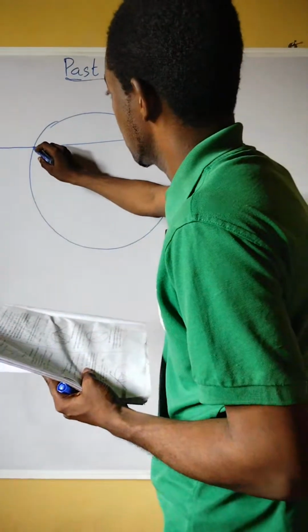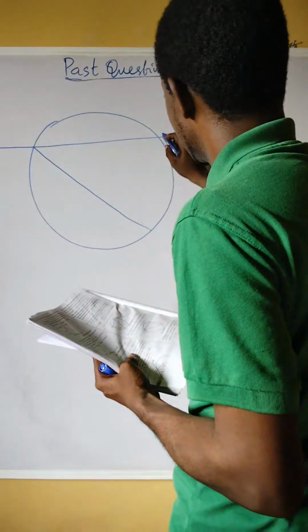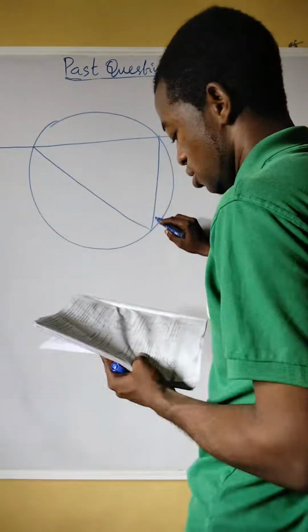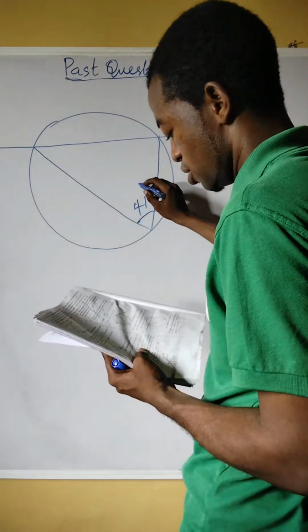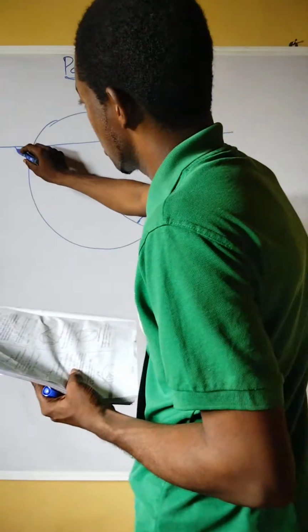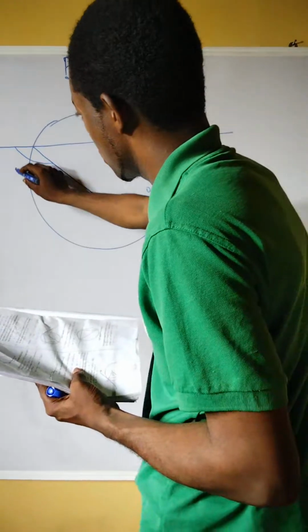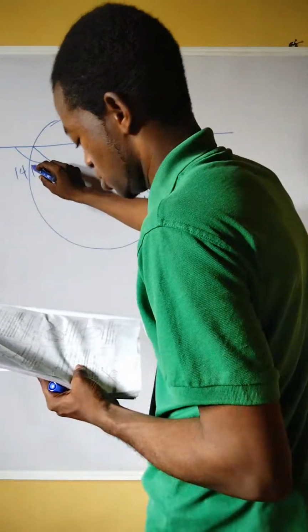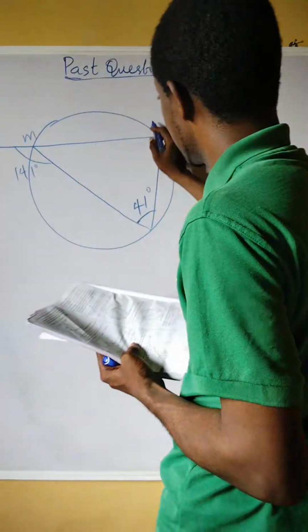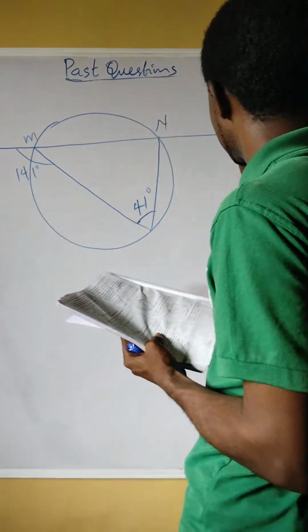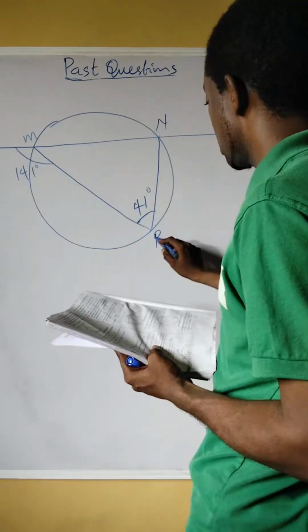This is used to form a triangle here, and this angle is labeled as 41 degrees. This angle here is 141 degrees. This point is P, this is M, this is N, this is Q, this is R.